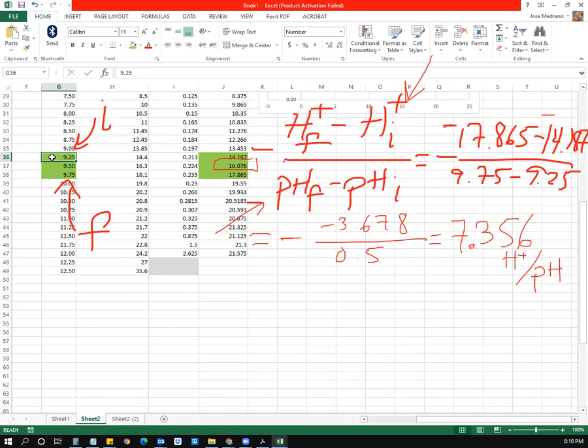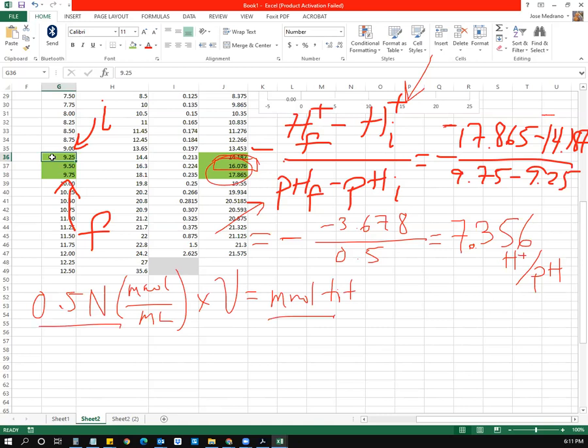So if we know that 0.5 normal titrant, which is the same as millimoles per milliliter, times some volume is going to give you the millimoles of titrant, and we already have the millimoles of titrant, dividing by 0.5 is going to give us the volume. So let's go ahead and do that.